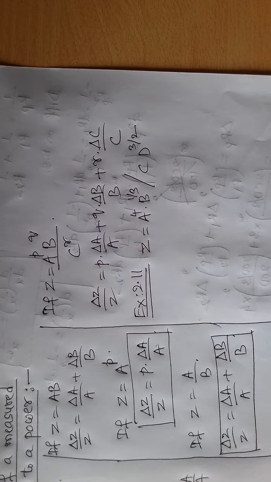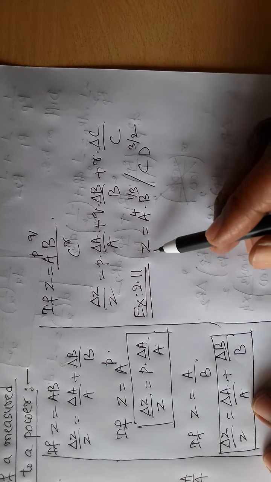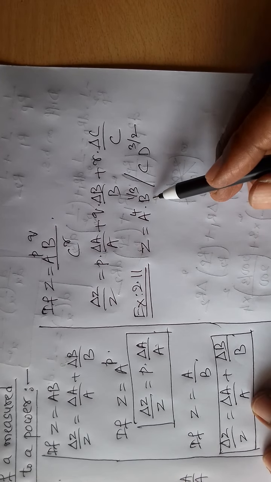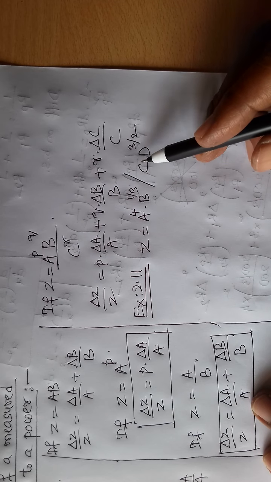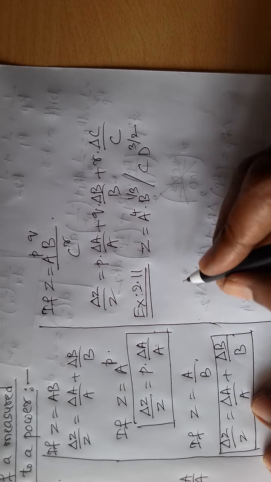Now let us consider the solved example. z is equal to a power 4, b power 1 by 3 divided by c power 1, d power 3 by 2.